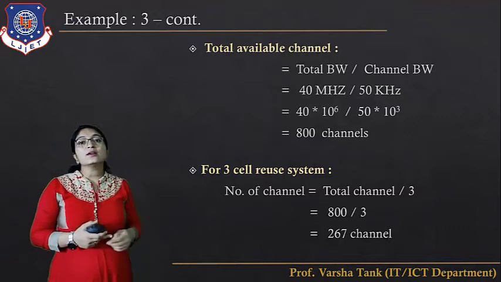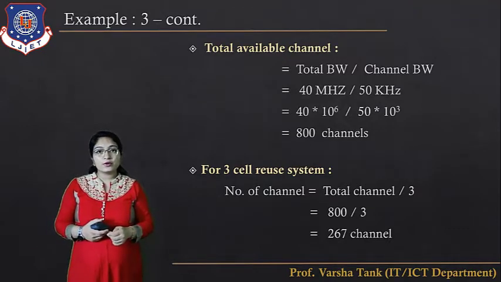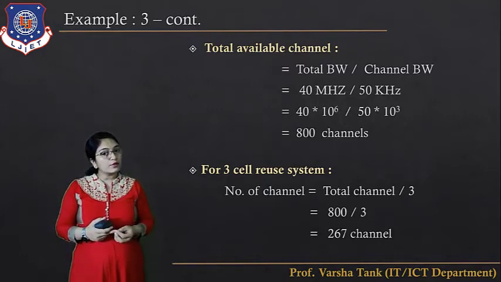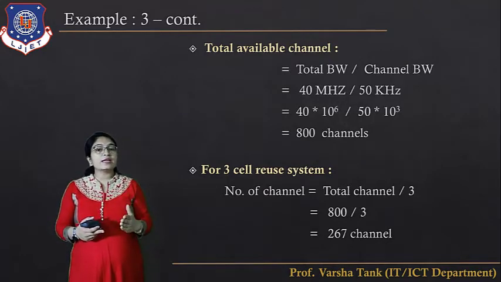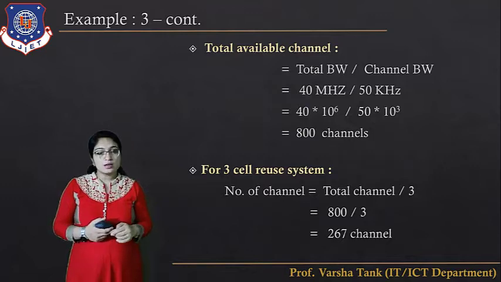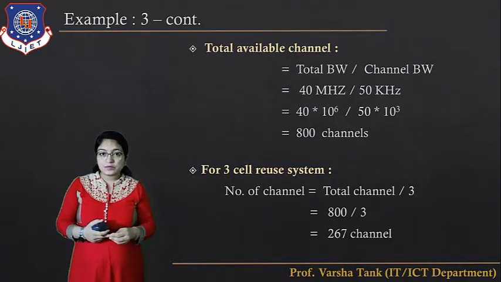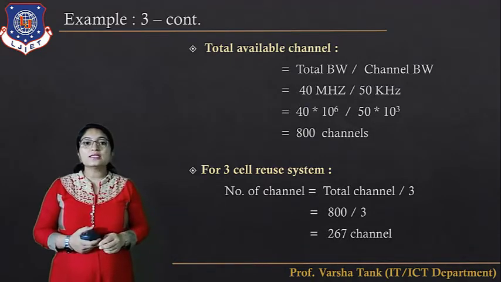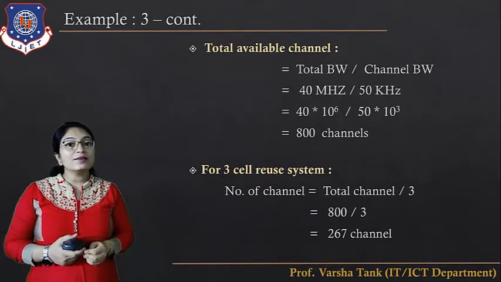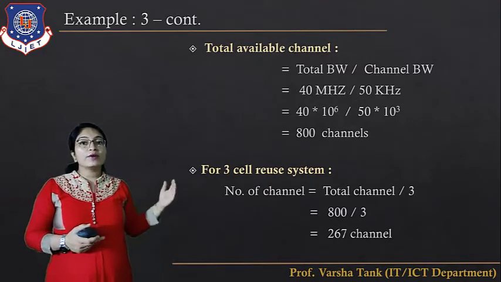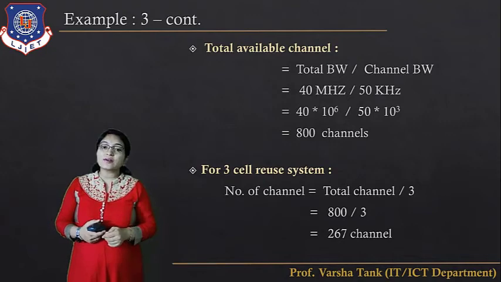Now for the 3 cell reuse system, we have to find the number of channels. For the 3 cell, 4 cell and 12 cell systems, how many channels are available for each cellular system? The number of channels is the total channels divided by 3, because we are defining the channels for the 3 cell reuse system.